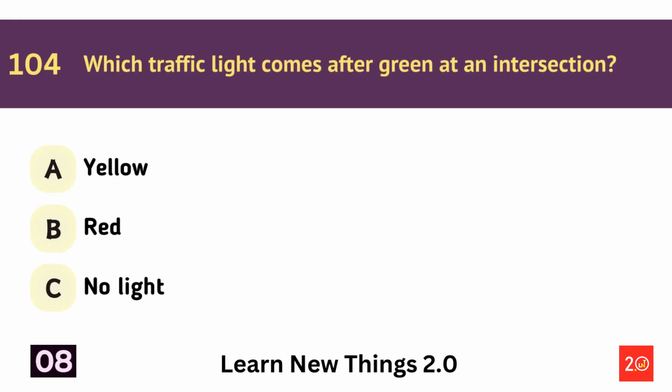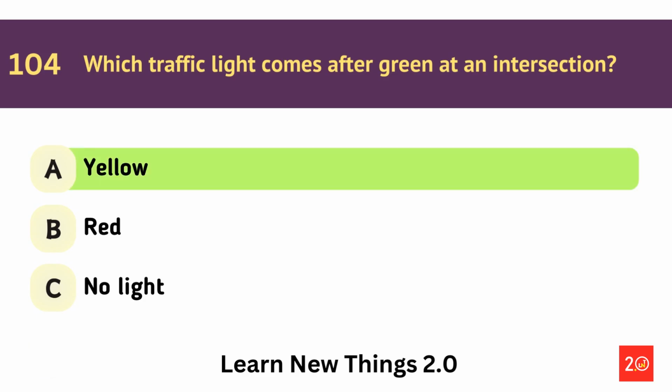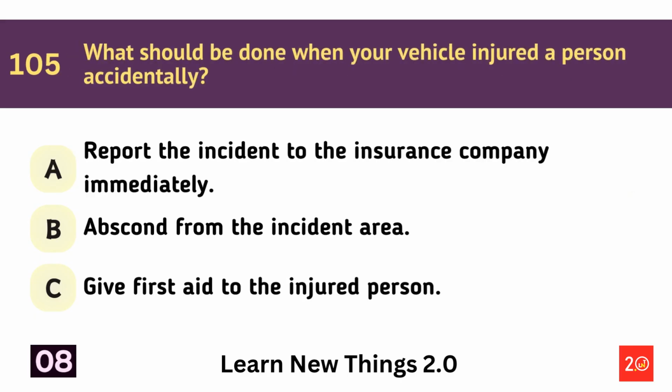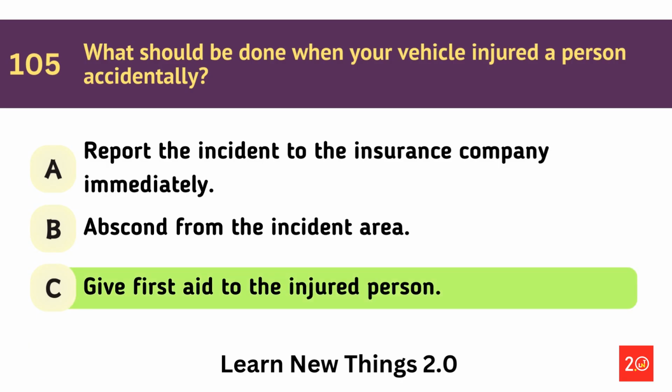Which traffic light comes after green at an intersection? Yellow. What should be done when your vehicle injured a person accidentally? Give first aid to the injured person.